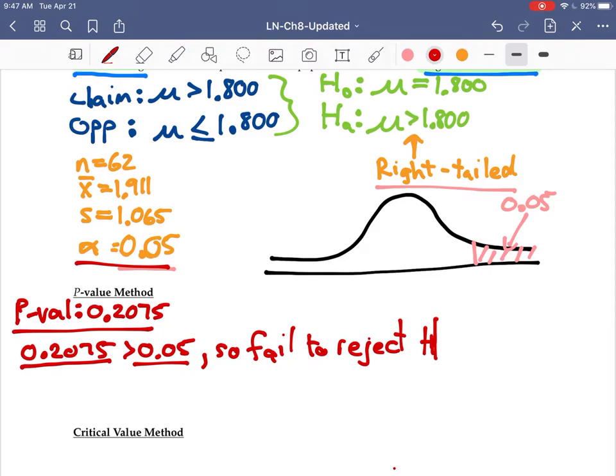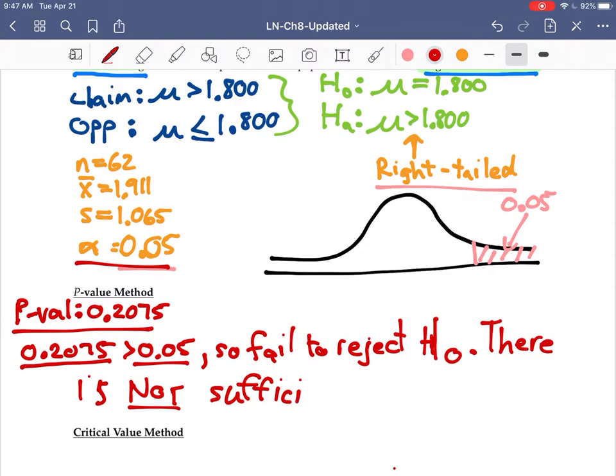We're failing to reject that null hypothesis. There is not sufficient evidence of the alternative.